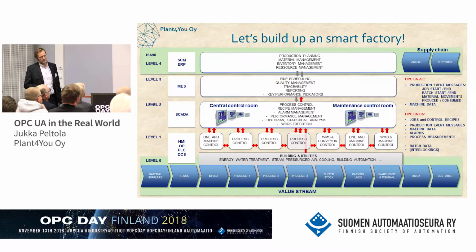But then, to give back the information, the confirmations, we used alarms and conditions. We collected a lot of information, and each line controller or process controller generates these production event messages to the central SCADA system, and they were put in the event archive, and the MES system read this through the alarms and conditions interface.